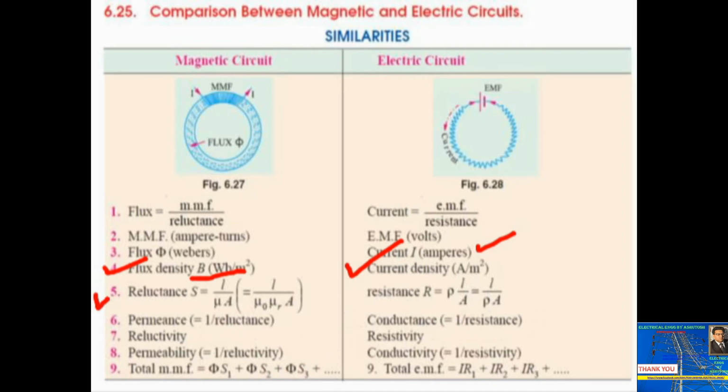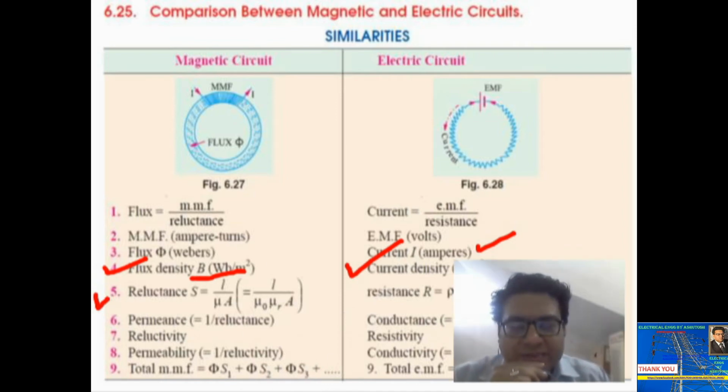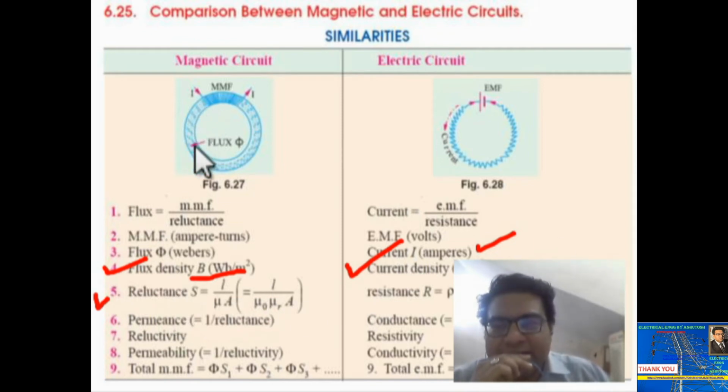So reluctance means, in the magnetic circuit, opposition offered to the flow of flux. This is the reluctance or resistance of magnetic core, so it is the resistance of the iron core. You see, this is the circular iron core.